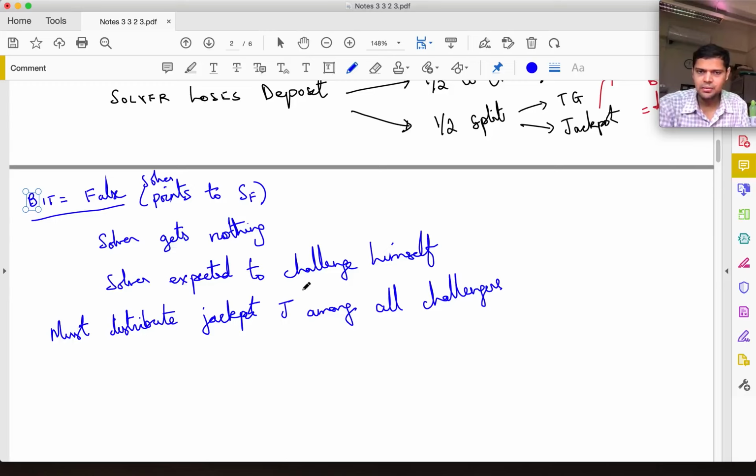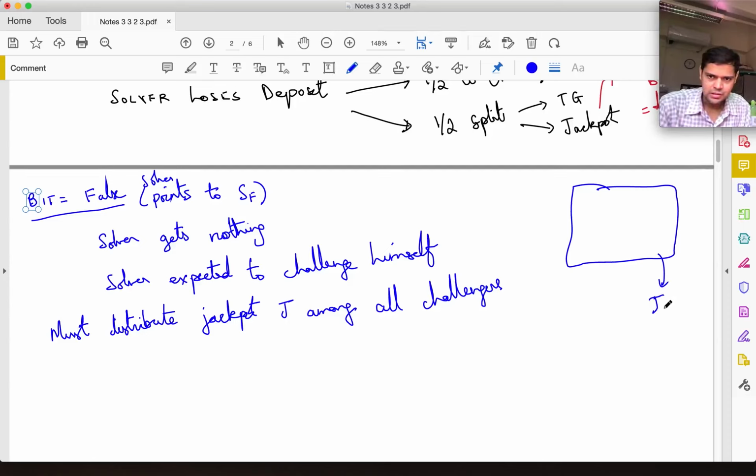Let's say a small amount, depending on the computation. Let's call the total jackpot JT. There may be many different CITs running, so we don't want to exhaust the full jackpot and distribute it among these challengers.